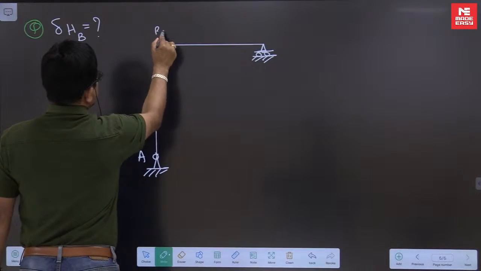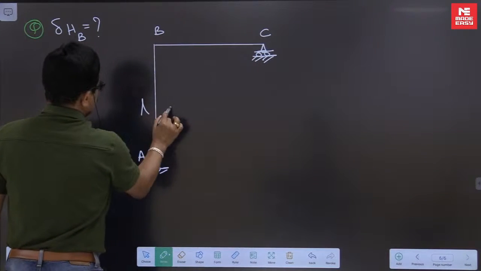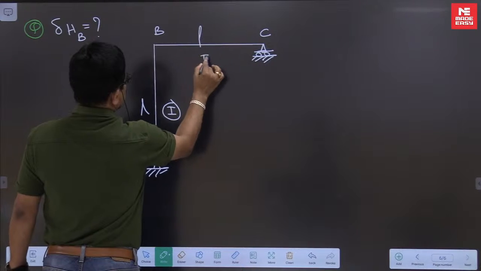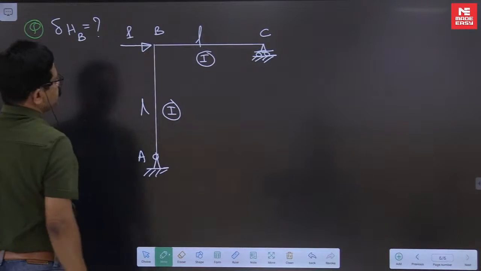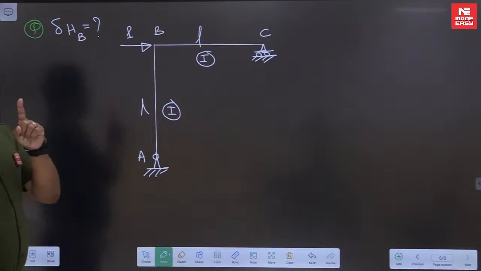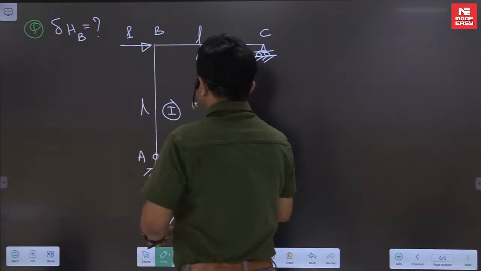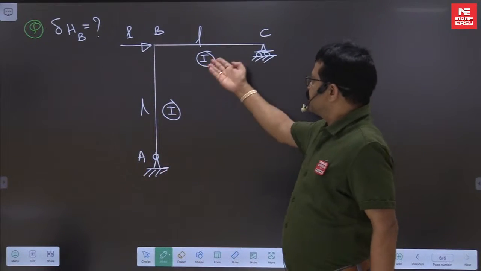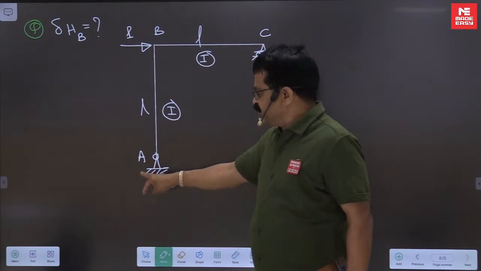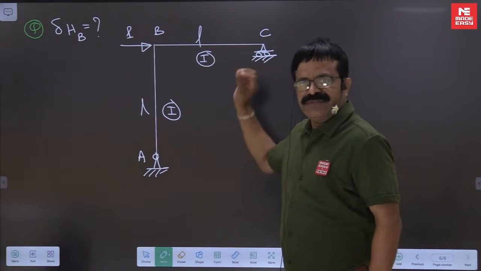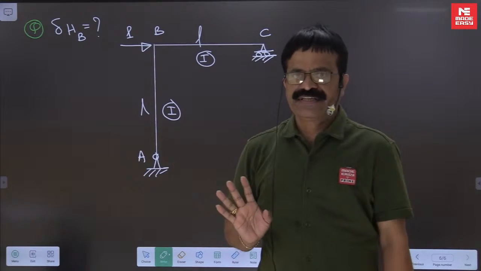This point, let us say A, B, C, length L, I. I am applying some load P. Again, we will not try to use that MDM because it is swaying. And also it is statically determinate frame, one end hinge, one end roller. So we must use Castigliano's theorem 2 only.